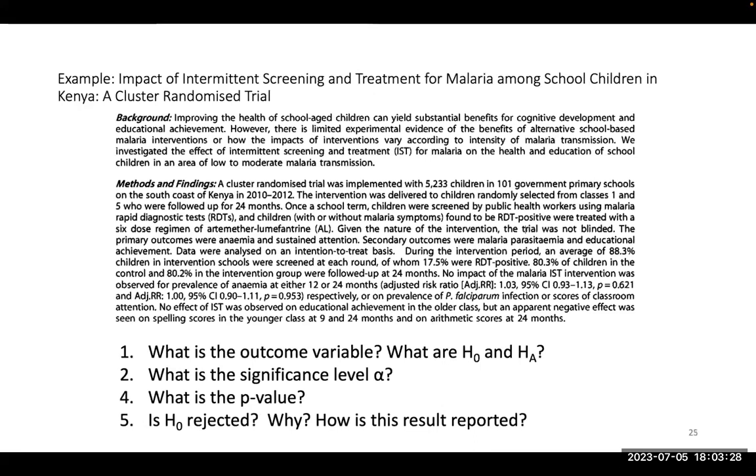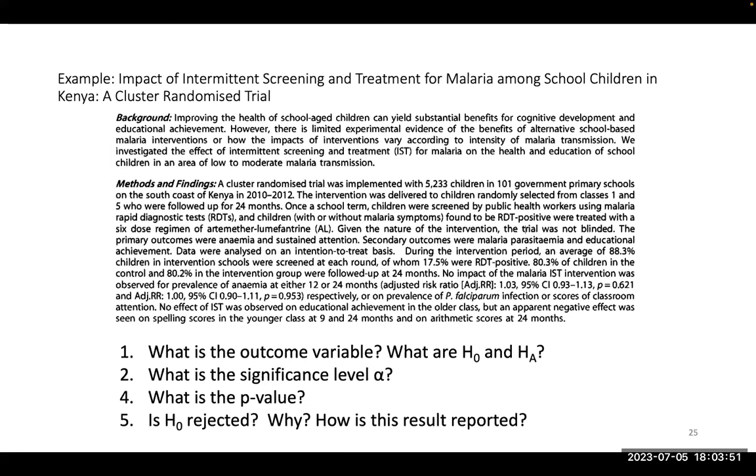So now let's go back to our cluster randomized trial. This is hypothesis testing in general terms. When it comes to examples like that, where we have a cluster randomized trial, you want to know whether an intervention was actually significant. You have various ways to do that.